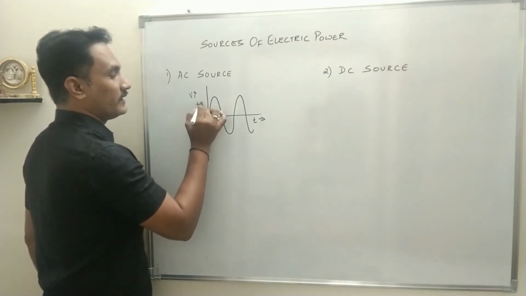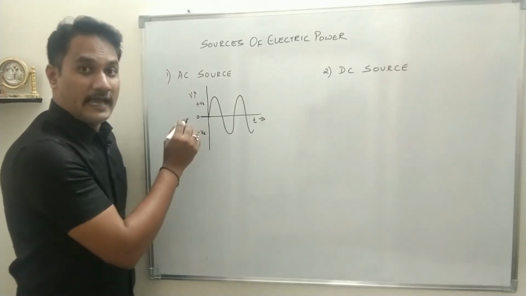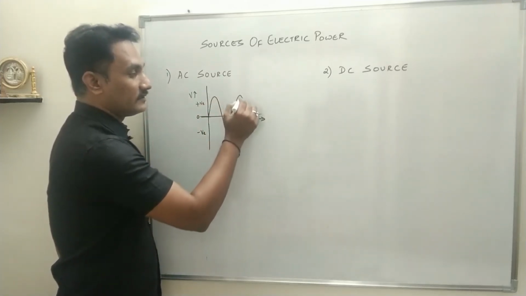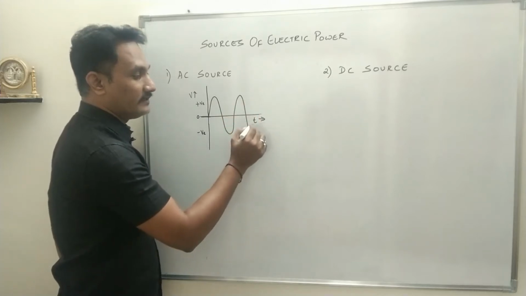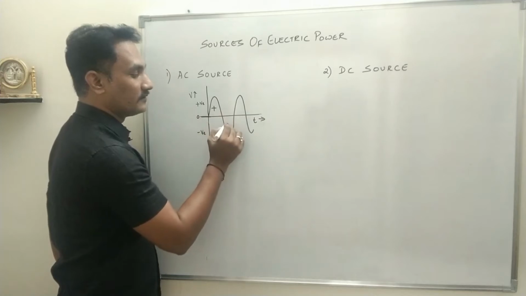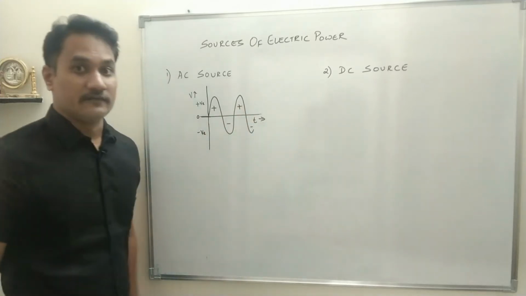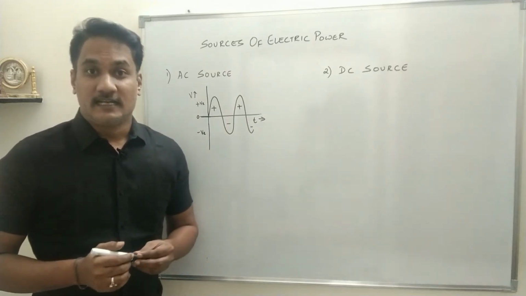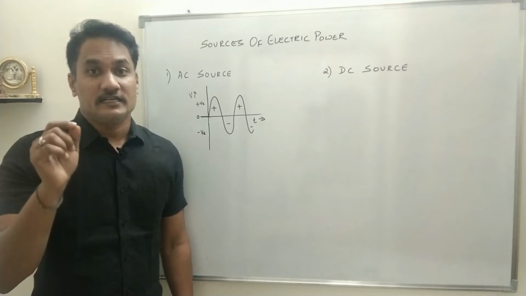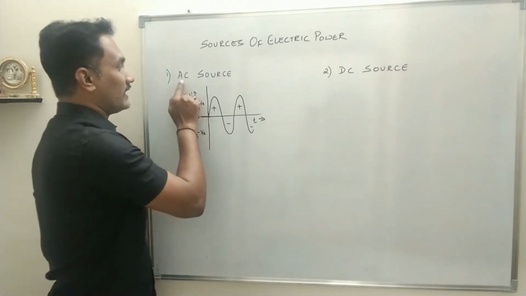This is the positive part and this is the negative part. That means the amplitude of the signal is changing its polarity with respect to time. For a certain period of time it is positive, then it is negative, then positive, then again negative. So if a signal or waveform changes its polarity with respect to time, it is called AC.